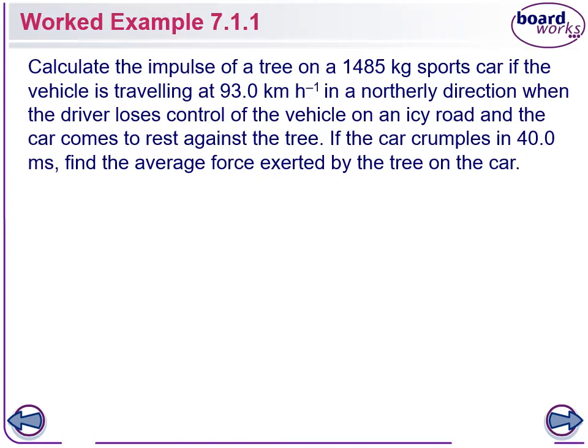So our change. Well, let's do our momentum first. Well, impulse. Let's do it properly. Impulse is equal to change in momentum, which is equal to mass times a change in velocity. The mass is 1,485 multiplied by our change in velocity. Now, we need to be a little bit careful here because we have 93 kilometers per hour.